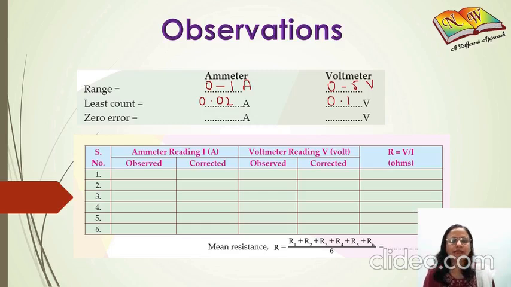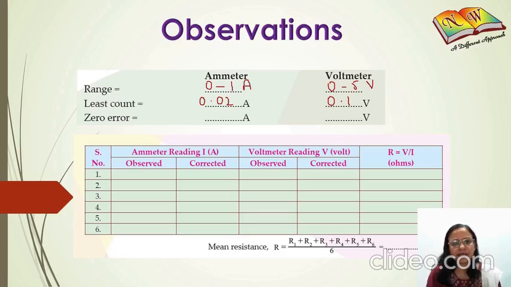Remember, least count means the minimum possible reading that can be taken using that particular device, and when we say the range of our ammeter is 0 to 1, we mean the ammeter can measure current in the range of 0 to 1 ampere only. It cannot measure current greater than 1 ampere.